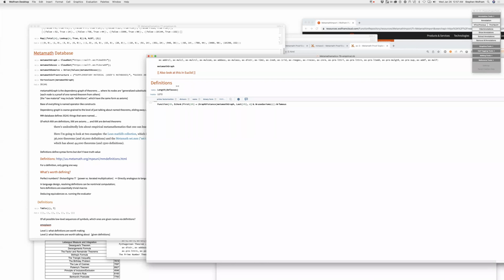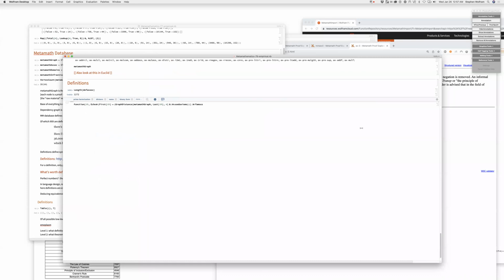Okay, so then we can ask the question, which of these definitions has the largest in component? So we can ask, for each of these in the Metamath graph, length of vertex in component. Metamath graph hash, let me say hash arrow this.